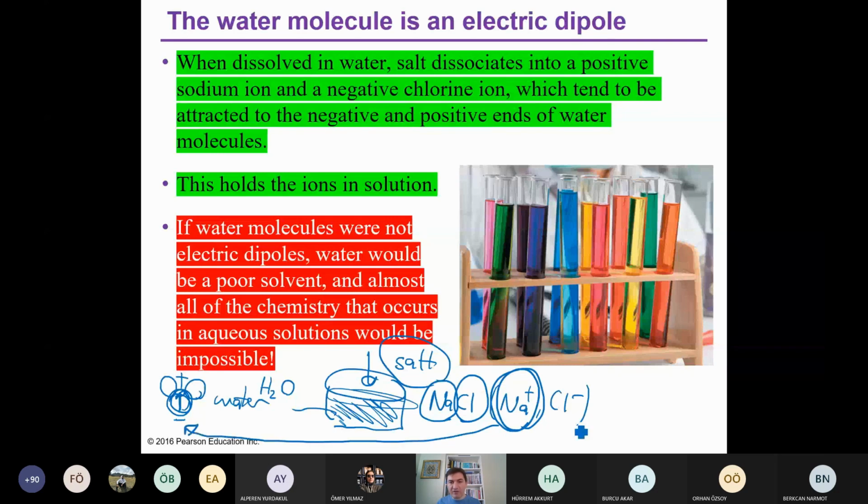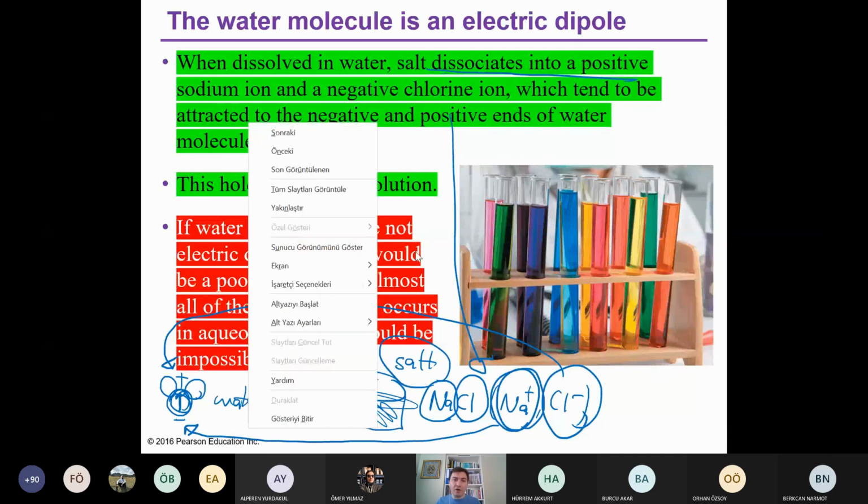The negatively charged chloride ions will come to the positive side of the water. Then we can keep the ions in solution. So when dissolved in water, salt dissociates into a positive sodium ion and a negative chloride ion, which tend to be attracted to the negative and positive ends of water molecules. This holds the ions in solution.